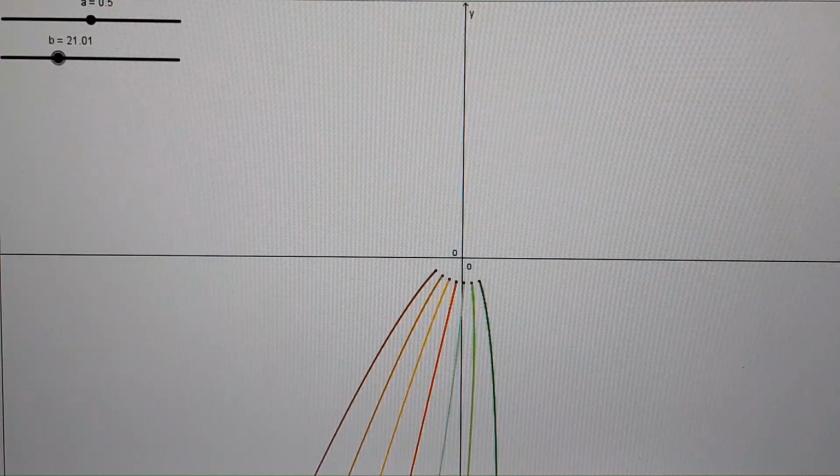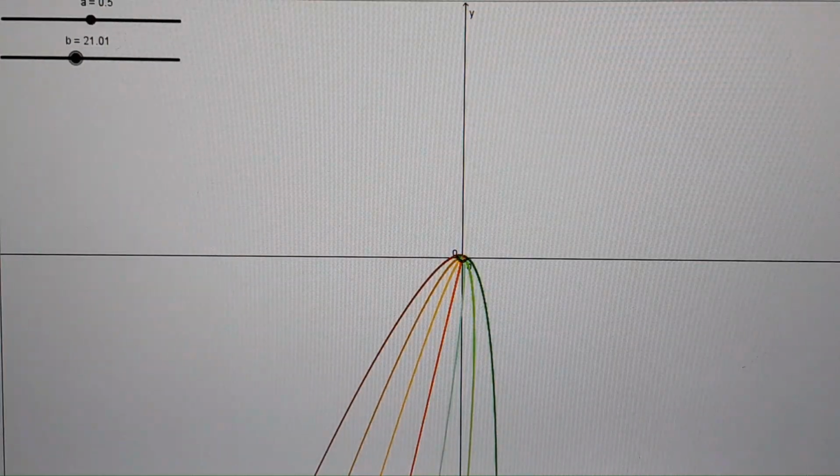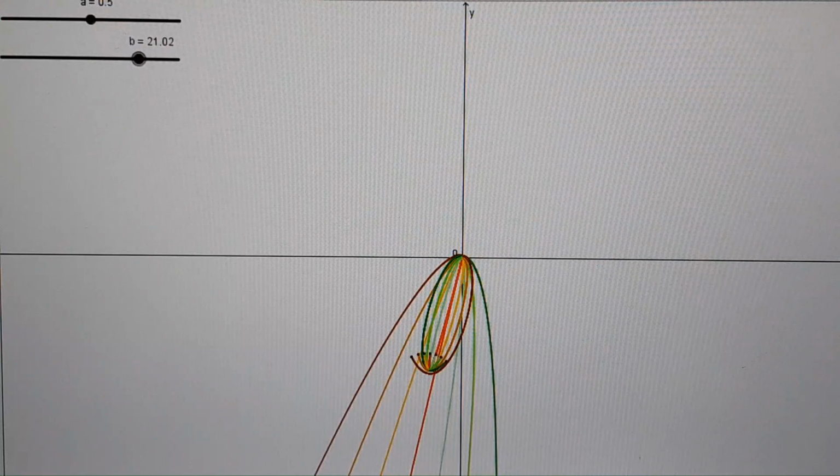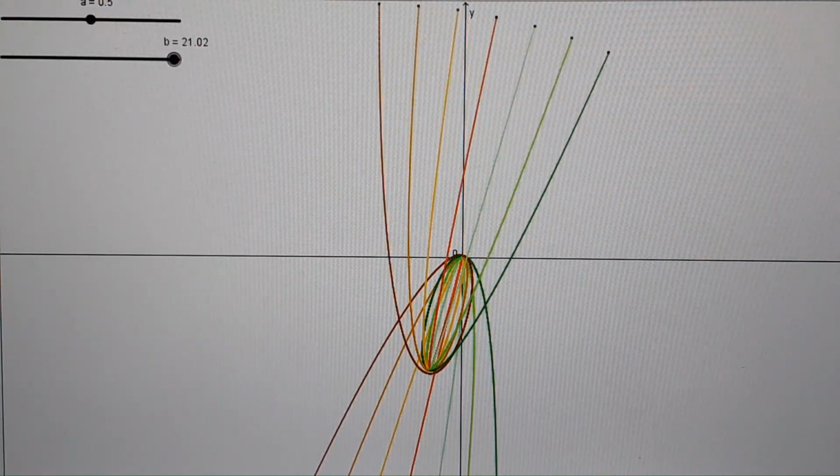We see alpha graphs gathering at the origin and retreating from the origin at some point, changing directions, and progressing to somewhere.